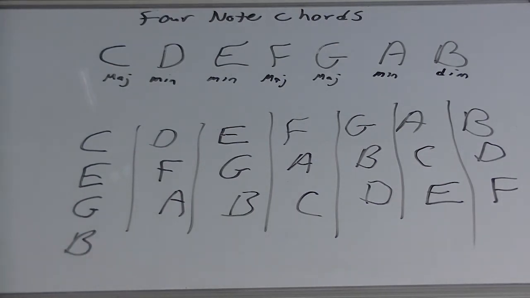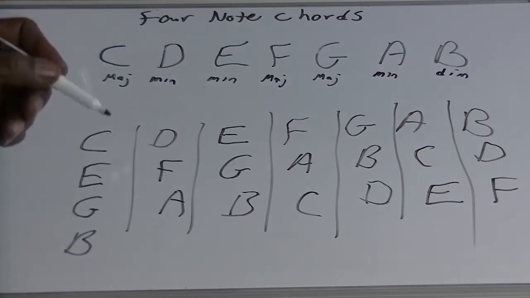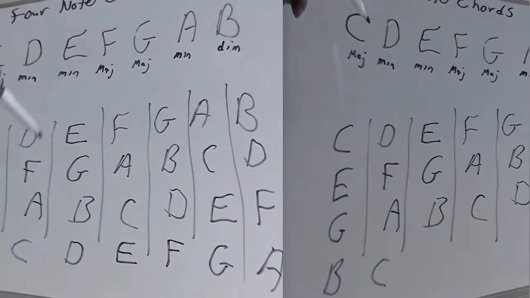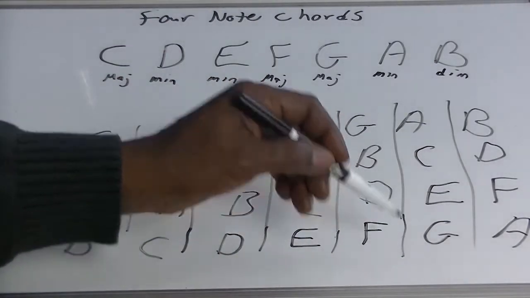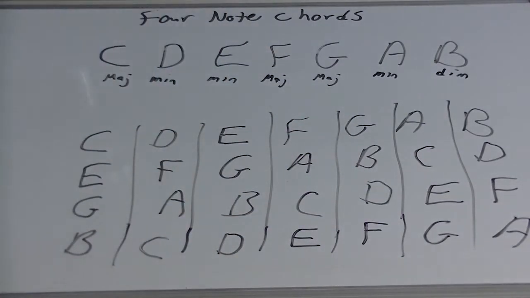And we can do this for every single chord. And so now we've taken the triads and we've added the 4th note to each triad. Now we have a series of 4-note chords.